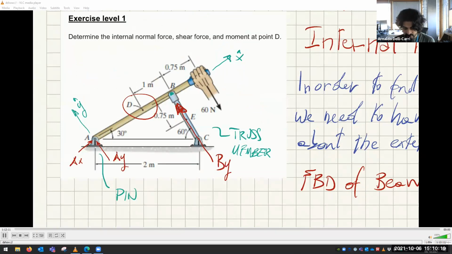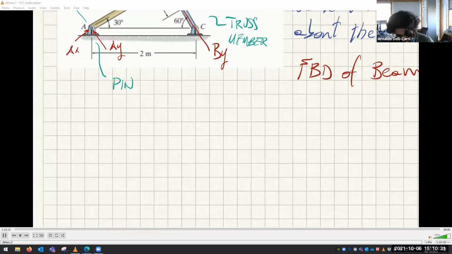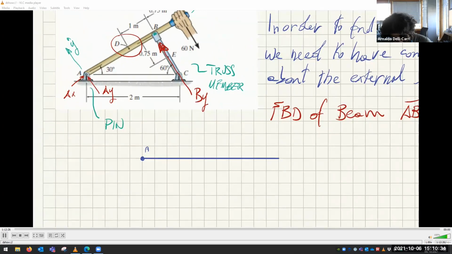All right, so let's do this. So this is the free body diagram of the beam. So at point A, then we have point D. Then we have point B. And then we have this point here, where the force is applied.